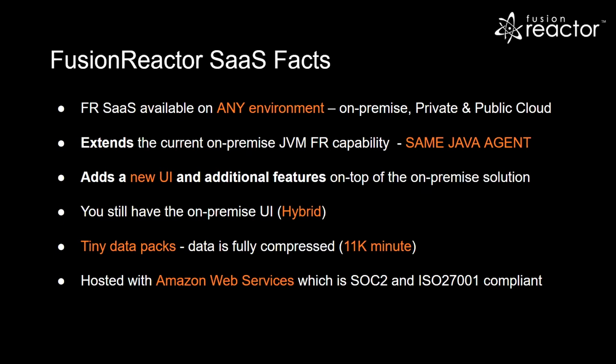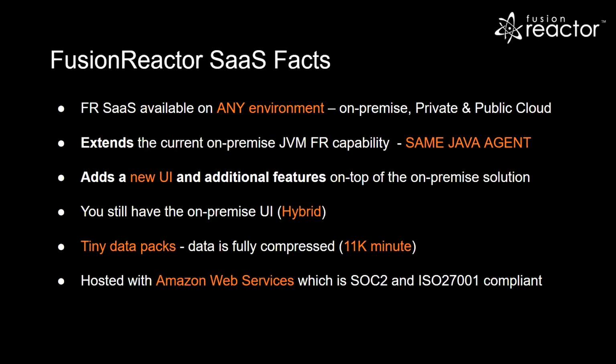One question that comes up a lot is people ask how much data is being transferred up to the cloud with this solution. And the answer is it's about 11K a minute. All the data is fully compressed.